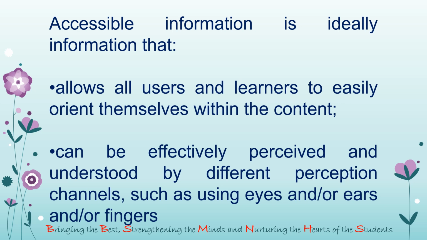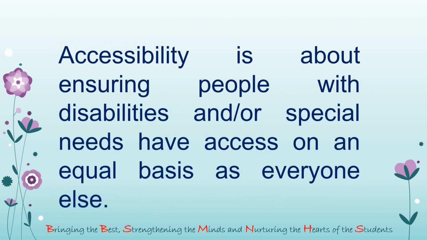It can be effectively perceived and understood by different perception channels such as using eyes and/or ears and/or fingers. To sum it up, accessibility is about ensuring people with disabilities and/or special needs have access on an equal basis as everyone else.